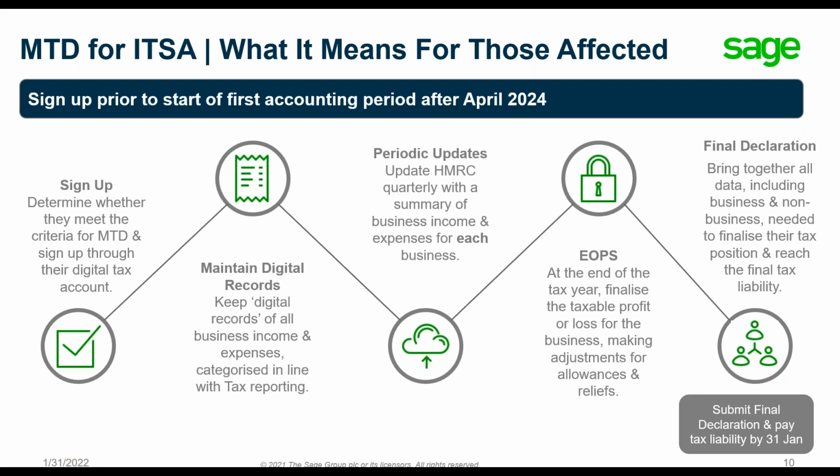And like self-assessment, the taxpayer has from the end of the tax year to the following 31st of January to submit the EOPS and final declaration and to pay any tax owed. So instead of a single return under self-assessment, the taxpayer will have at least 5 returns for each business under MTD, which is at least 4 periodic updates, for example, 4 quarters, and an end of period statement, EOPS, for each business.